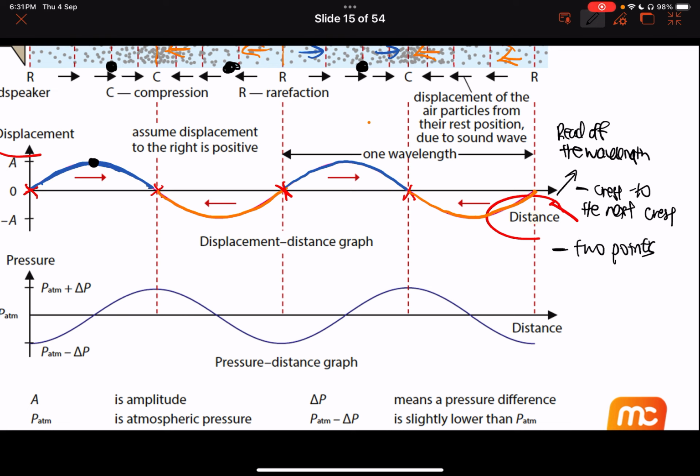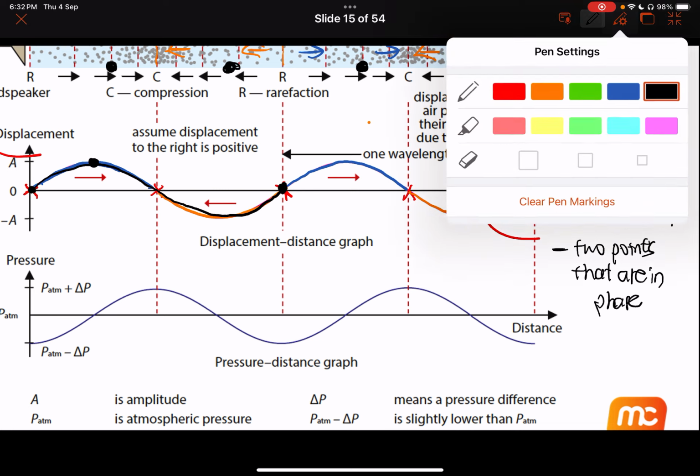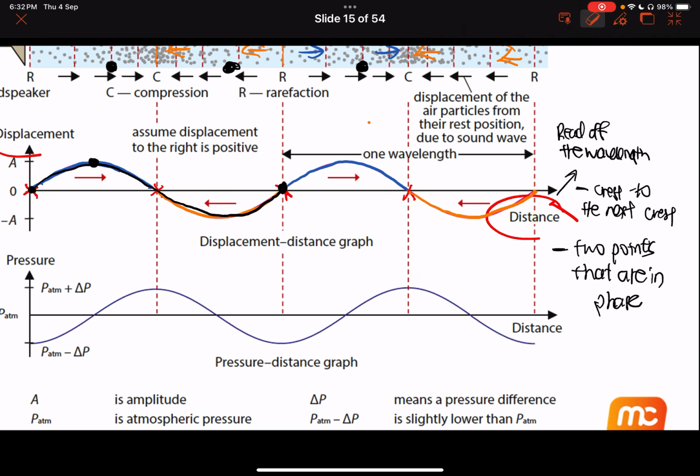So in that case, I can also read off from, let's say, the resting position here to the next point that is in phase to that, or rather, one complete pattern. These two points are in phase. So in that case, this gives me the wavelength of this particular sound wave.